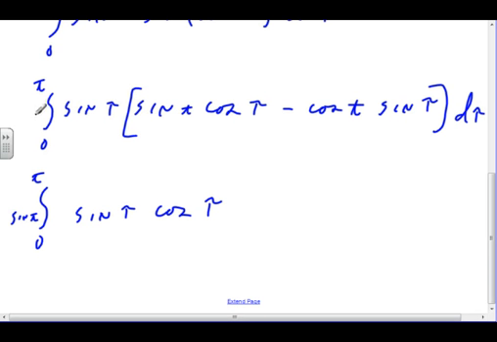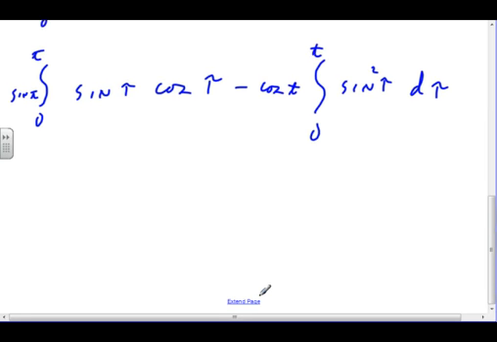It can come out. Then I've got minus cosine t integral 0 to t of sine tau squared d tau. All right, so that's what I've got.